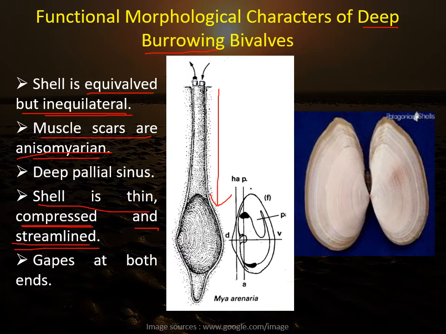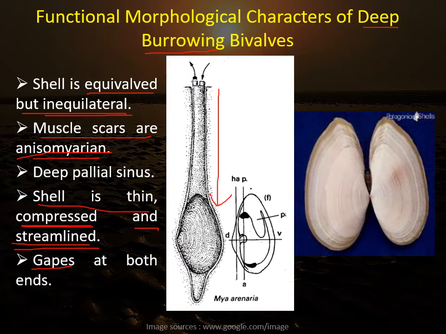And as the bivalve lives deep inside the sediments, at this position the bivalve is not able to frequently open or close its valves for the requirement of food or to expel its excreta. Thereby they have permanent gaps at both ends for food and for the siphon.